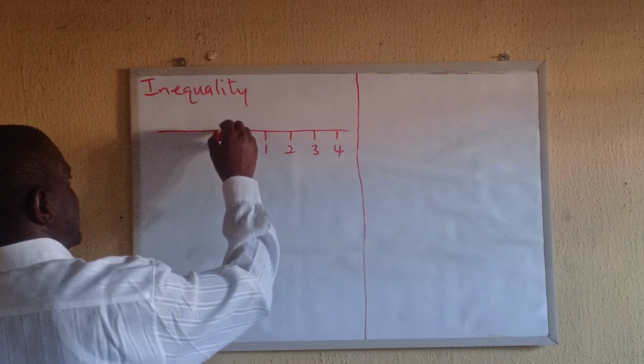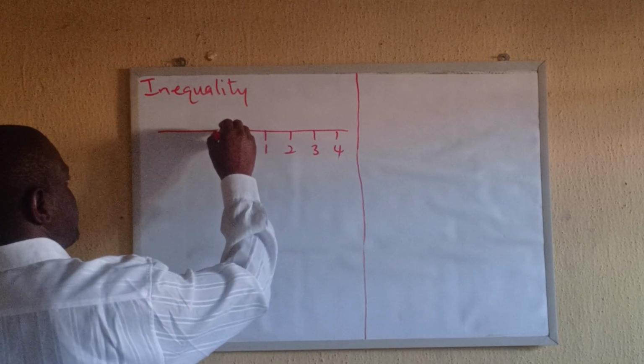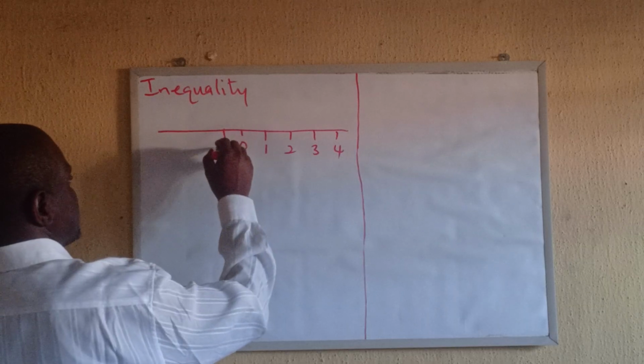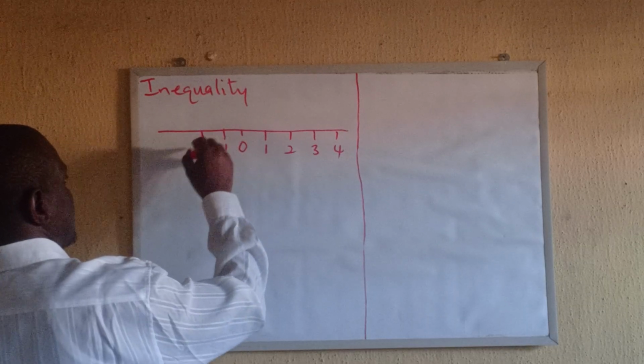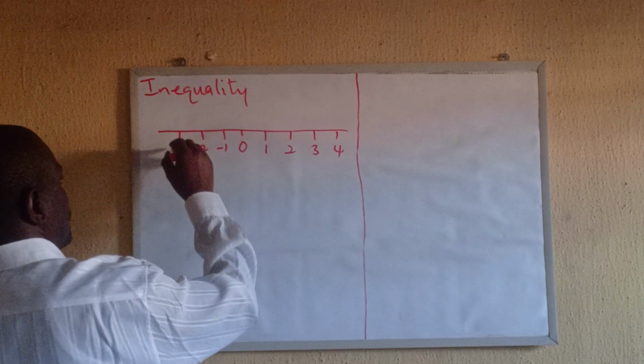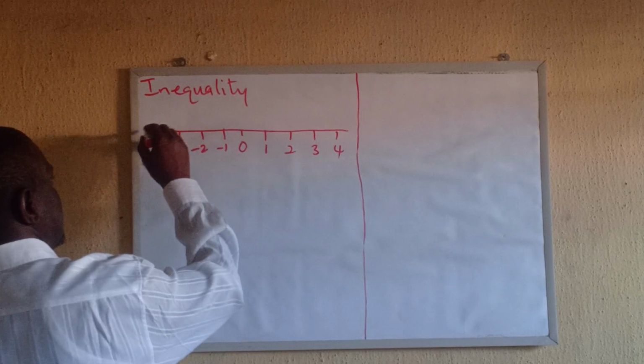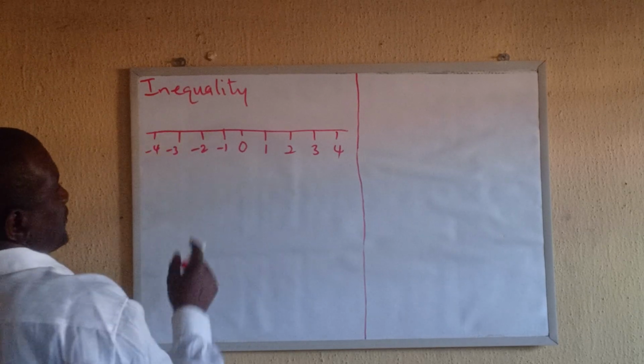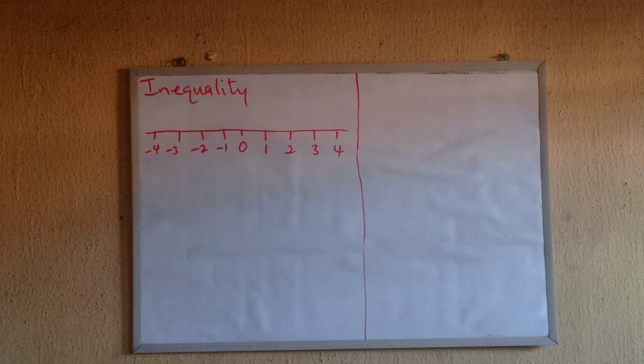So the immediate number before 0 is -1, -2, -3, -4, like that continuously. That's how a number line is drawn.